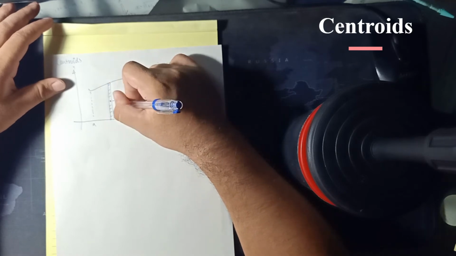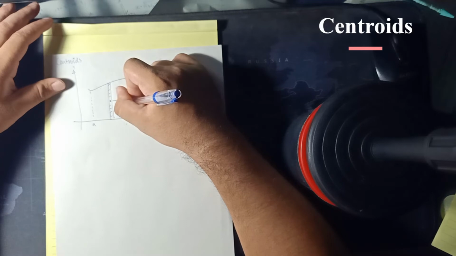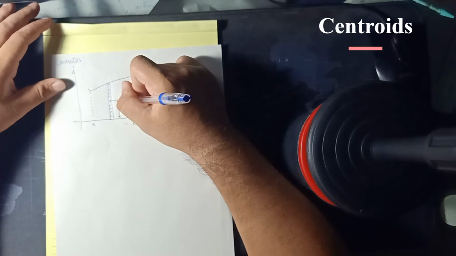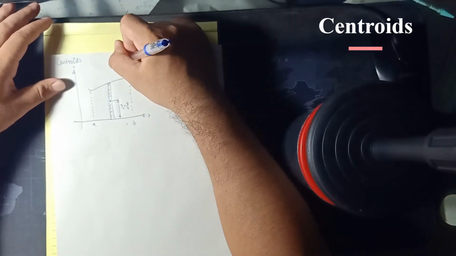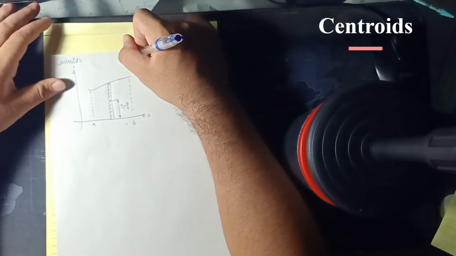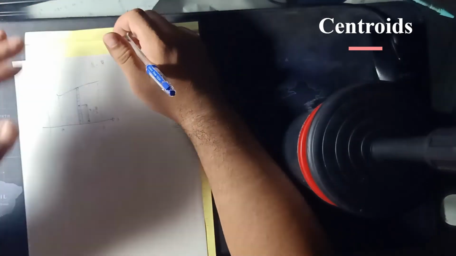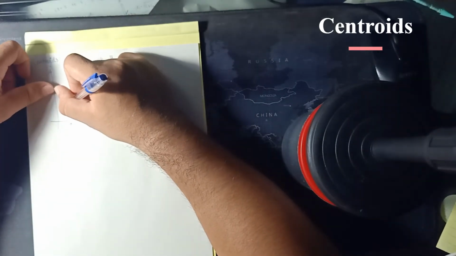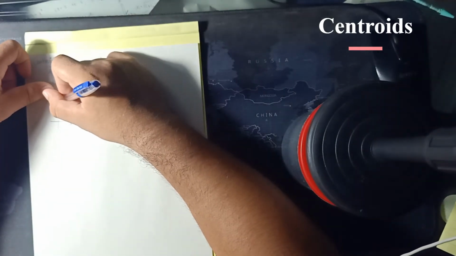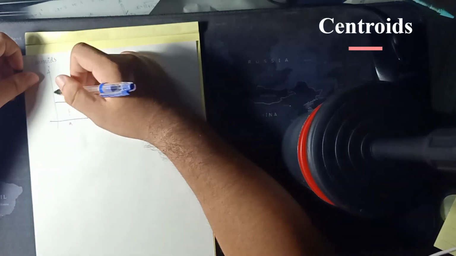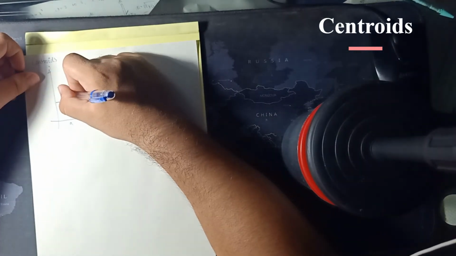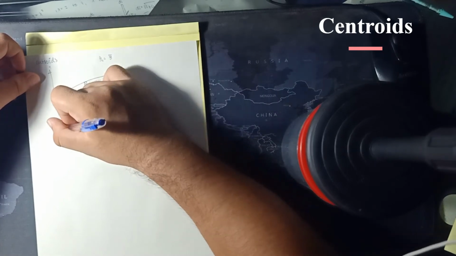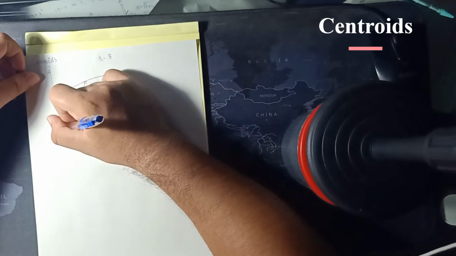So this would be your YC, and that YC is equal to y over 2. In your physics, that would be your y bar. From your centroid to this length, this would be your XC, or your x is also equal to x here. So this is also your x.